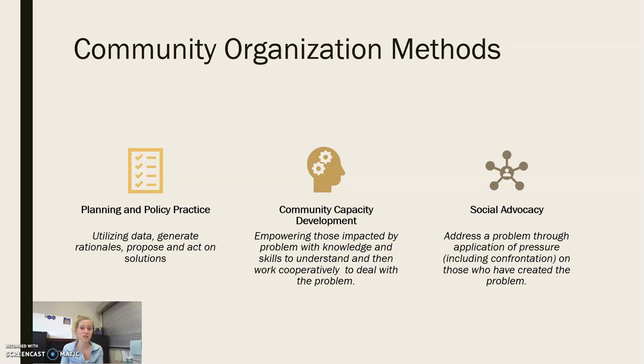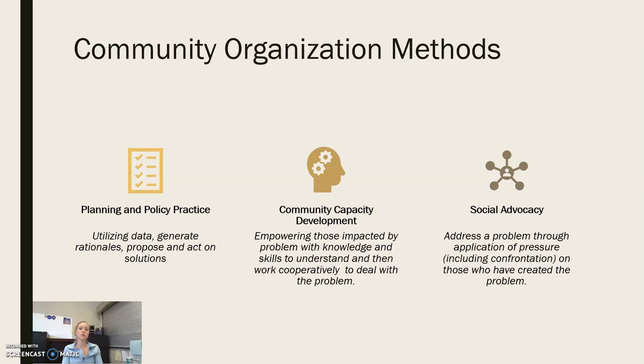There's also the community capacity development. So you're empowering those impacted by the problem with knowledge and skills to understand and then cooperatively deal with the problem. So if you're thinking of community capacity development, and maybe you have some individuals who live by a lake, and they know that that lake has a severe pollution problem.